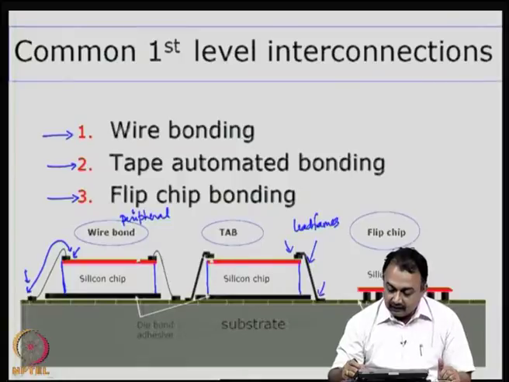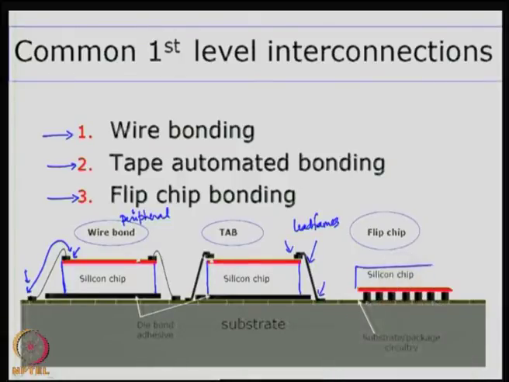Now, the third one is a bare die like a silicon chip here. So, this is known as flip chip. So, the chip is flipped over, as you can see here in this wire bond and tab, the bond pads are at the top, whereas in the flip chip the bond pads are at the bottom.